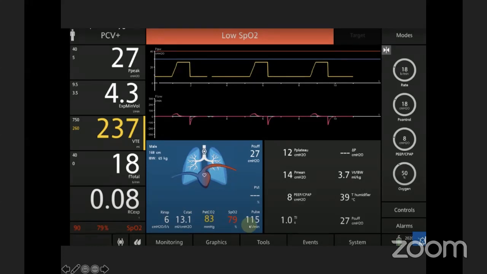Here this is the setting PEEP. During expiration you will find this line, called the PEEP, which is 8. And here in inspiration, it will be the plateau pressure, and again back to the PEEP. So if you want to improve the oxygenation, we can increase the PEEP, increase the respiratory rate, or increase the tidal volume. But keep in mind, we have to keep the plateau pressure below 30.